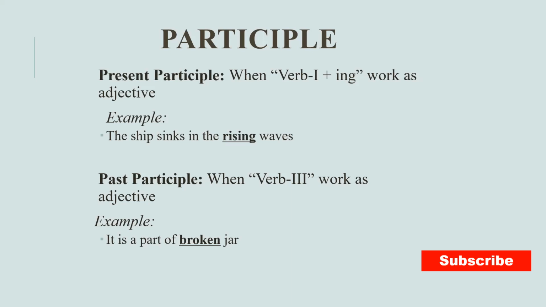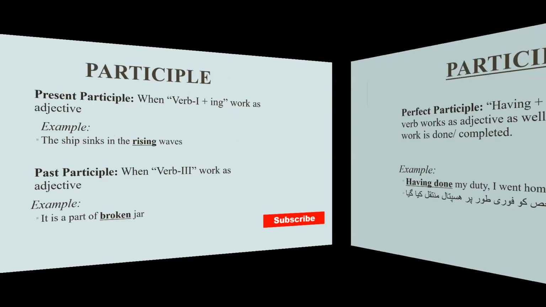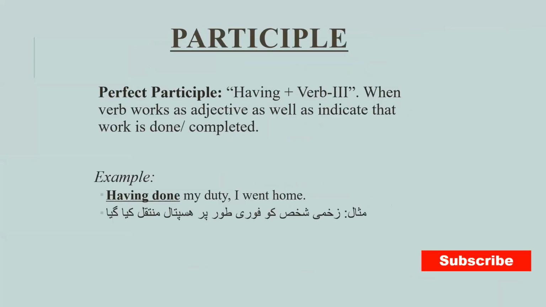Like for example, "It is a part of a broken jar." Here, the third form of the verb, that is "broken" (break, broke, broken), the third form of "break" is used. And this "broken" is not telling us about the time. All right, that is why it is a non-finite verb. And then we have perfect participles: "having" plus the verb's third form, like "Having done my duty, I went home."